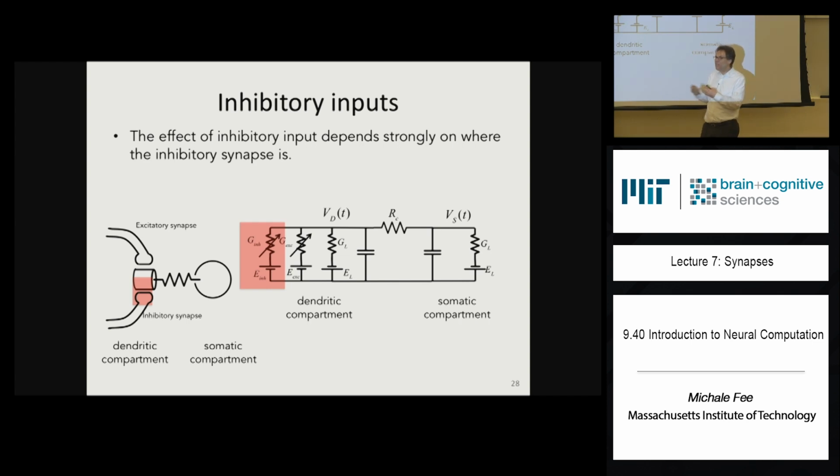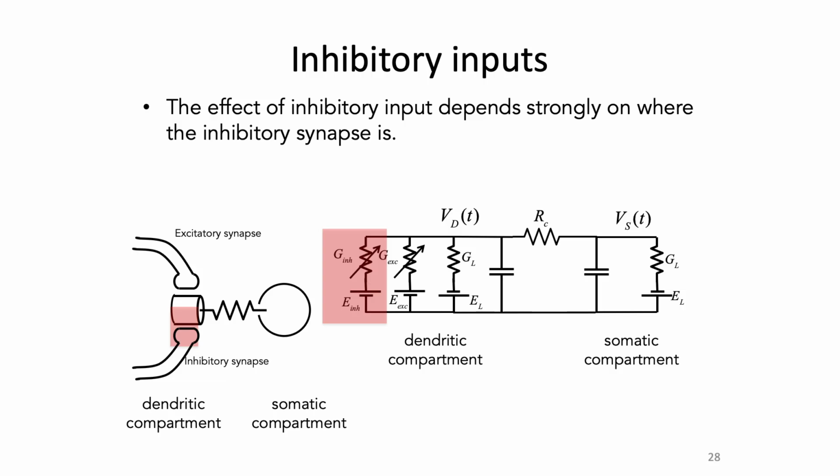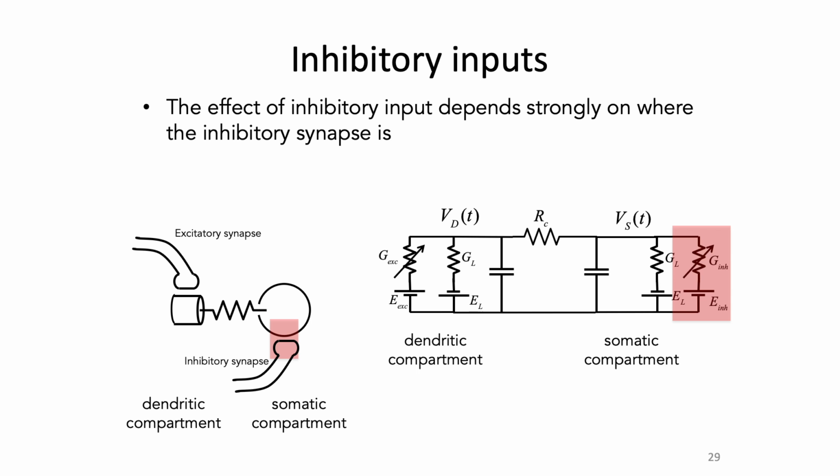There are actually different kinds of inhibitory neurons that preferentially connect onto dendrites and others that preferentially connect onto the somata. And it turns out there's a really interesting story about how that inhibition has a different effect, whether it's connected to the dendrite or connected to the soma.